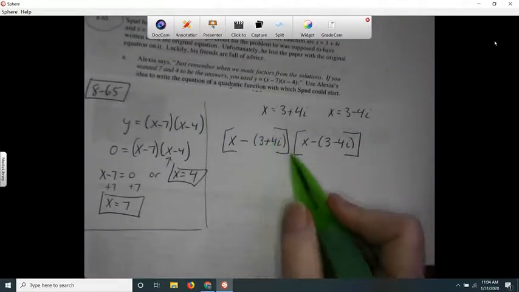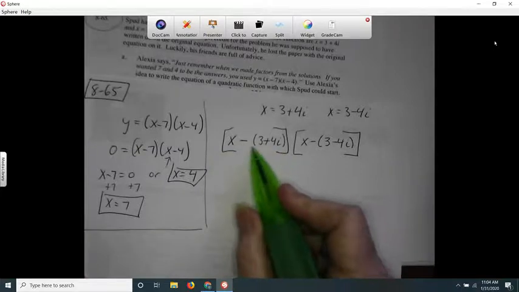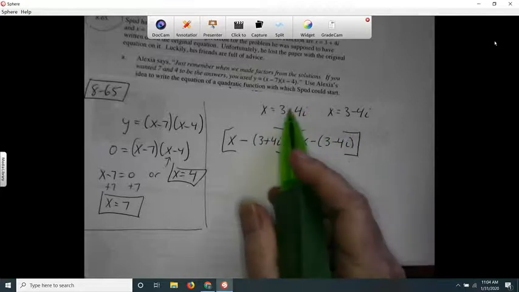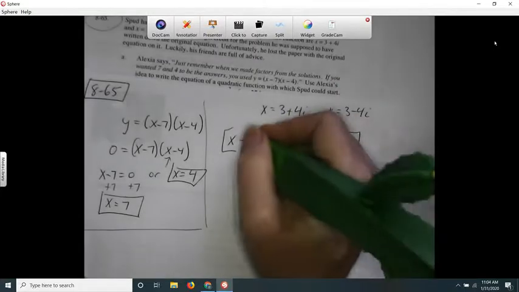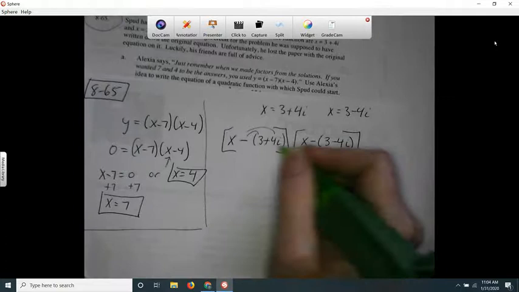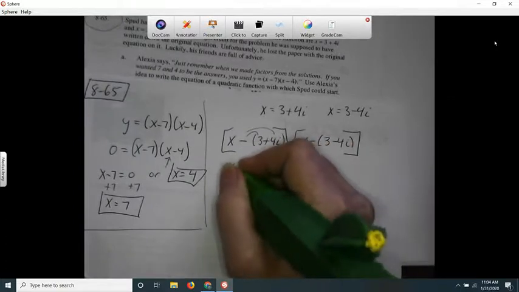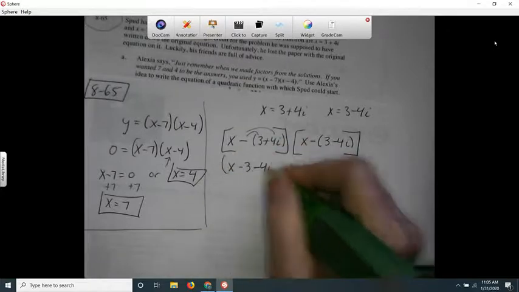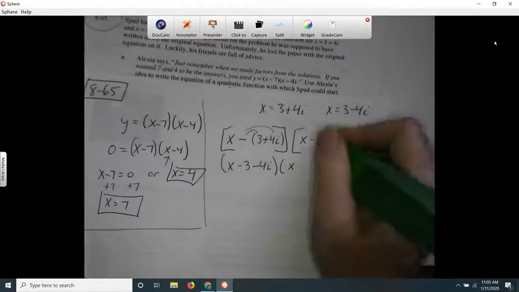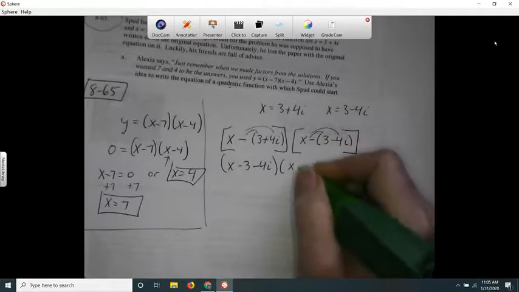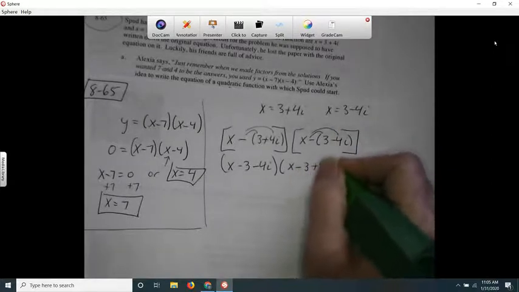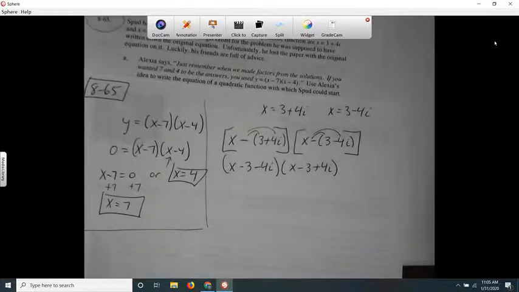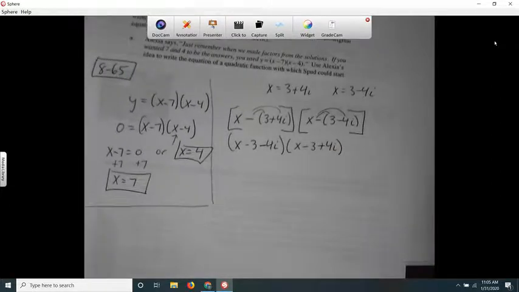Because you kind of have to distribute the negative, but actually it doesn't matter because you've got one of each. But if I just show it, I might not do it this way again, but I have x minus 3 minus 4i times x minus 3 plus 4i. Okay, and then I can just multiply those together and find out what the quadratic was.